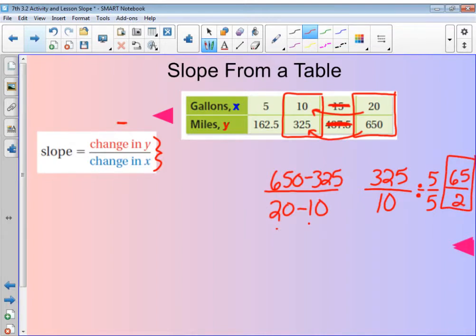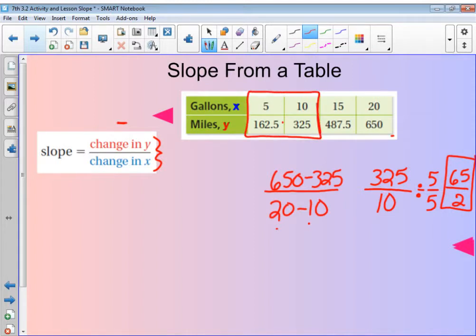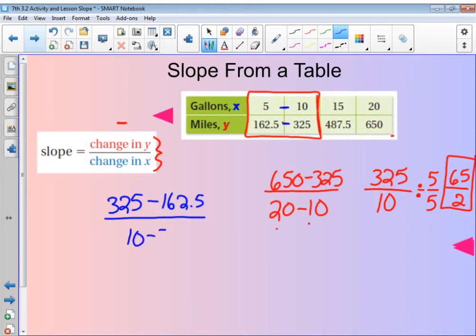Had I used one of my decimals, just to show you what would happen, let's say I just used these two, which would be fine. But here's the thing, a slope of a line should never have a decimal in its answer. So if I had used these two, and I'll use a different color just so that we can see the difference, and I had done 325 minus 162.5 over 10 minus 5.